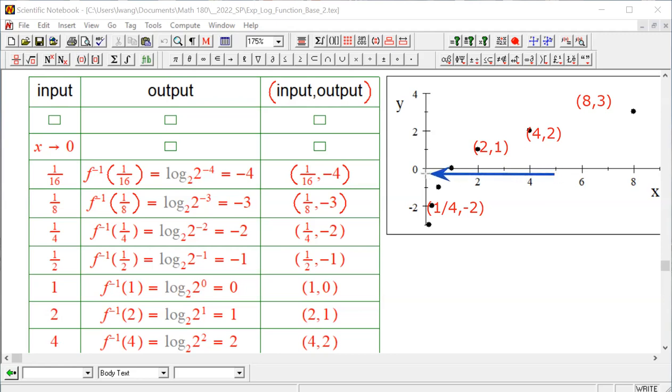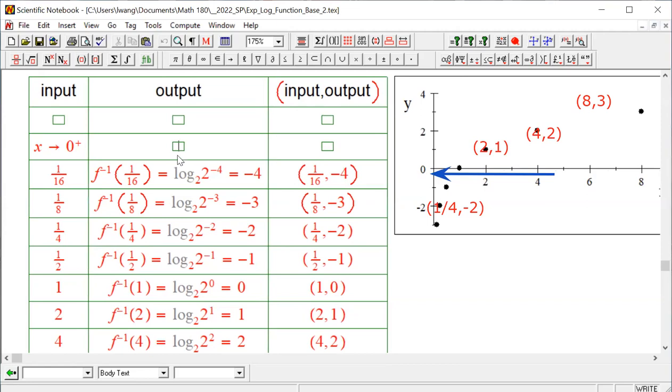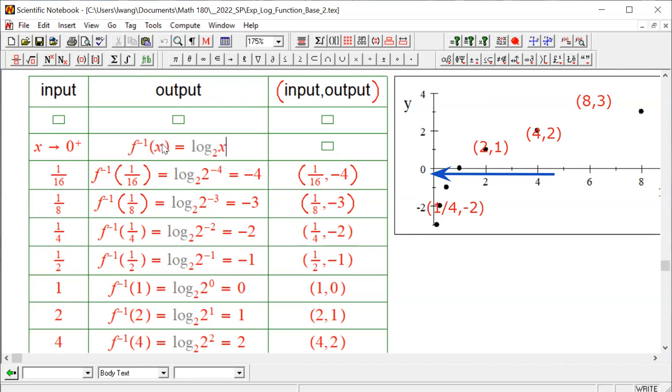When the input is approaching 0 from larger than 0, the output, f inverse of x, which is log base 2 of x, the y value is going to approach, make it red, it's going to approach -infinity.